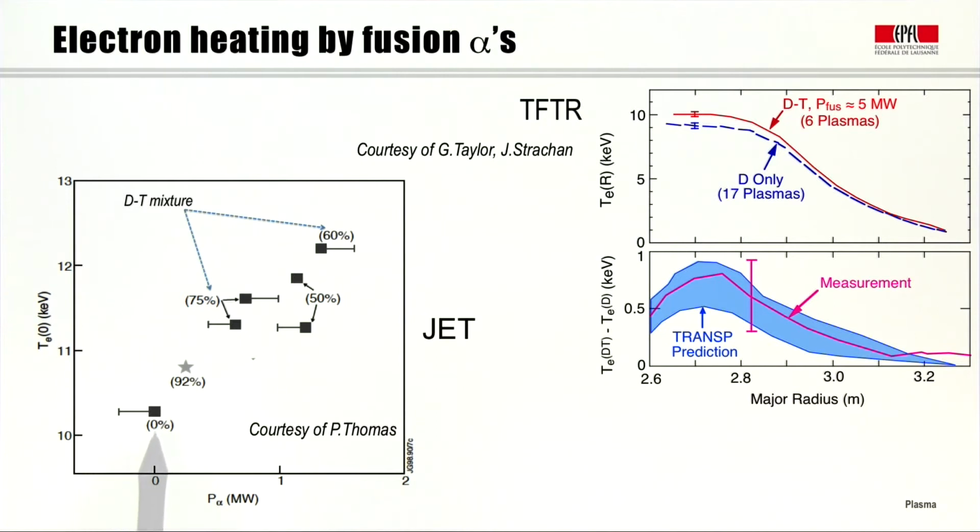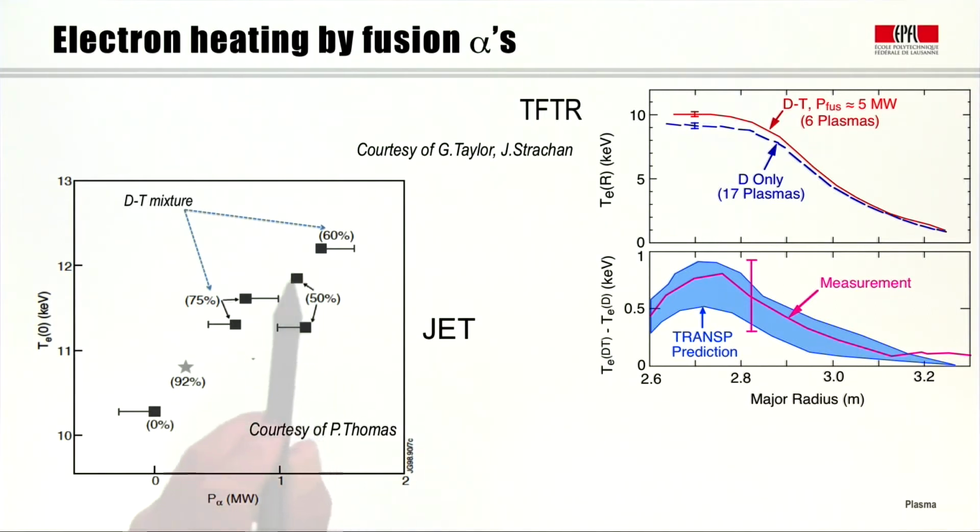And we can see that we have different mixtures of DT indicated in the brackets here, from 0% to, say, around 50-60%. Of course, at 0% or even close to 100%, the effect is zero. In a sense, there is no heating of the electrons because of the alpha particle power, because there is essentially no DT reaction taking place.